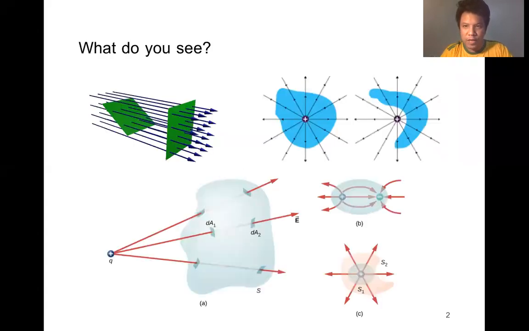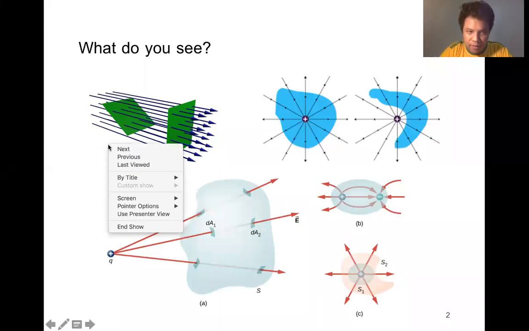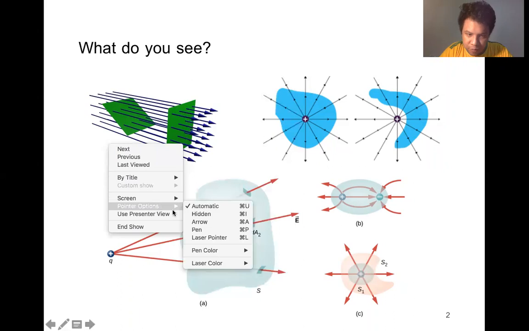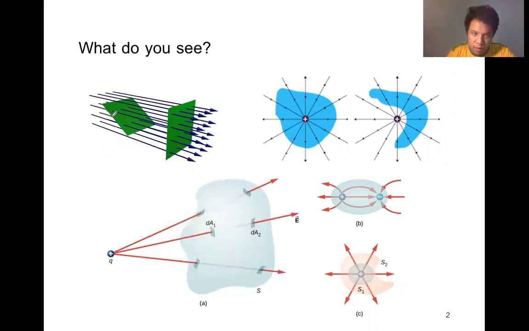What you see on this slide are the electric fields of many forms. We have a uniform electric field, and we have the electric field from point charges that flows through the surfaces.